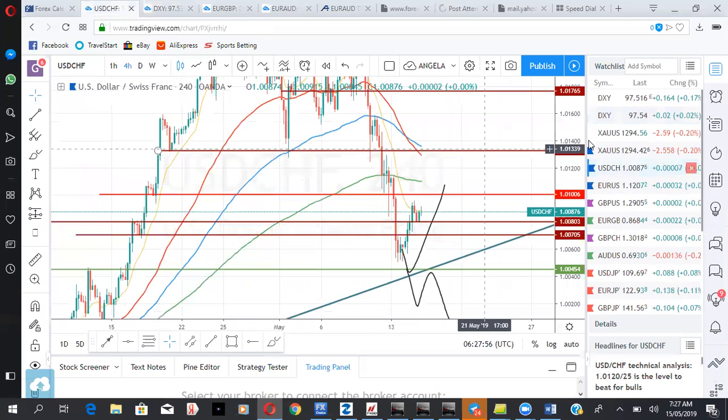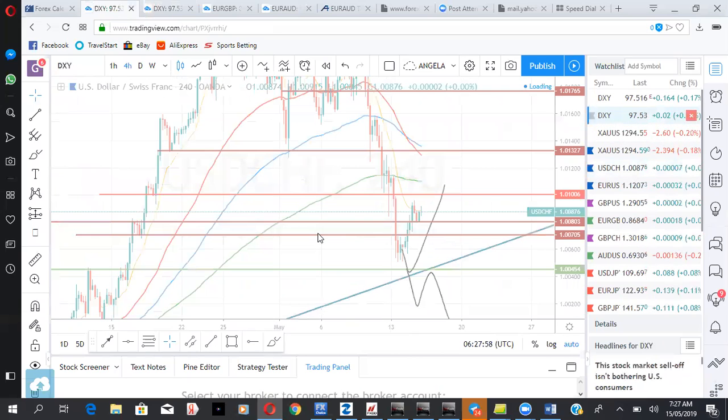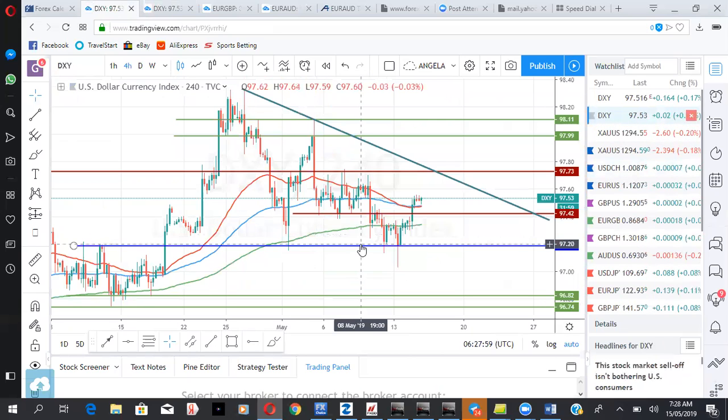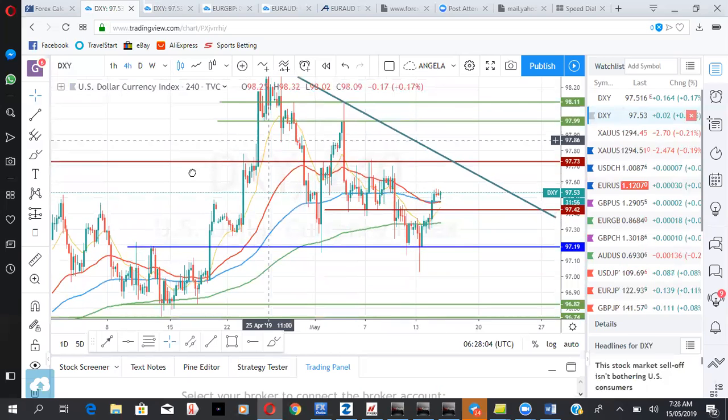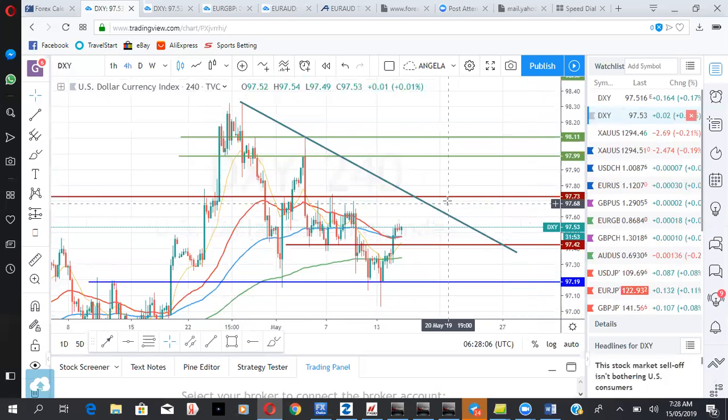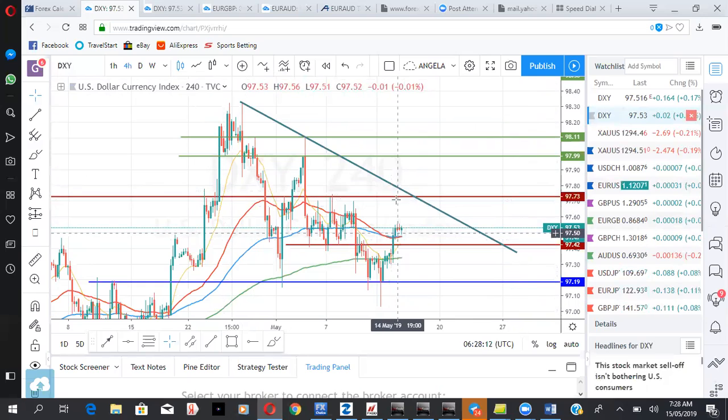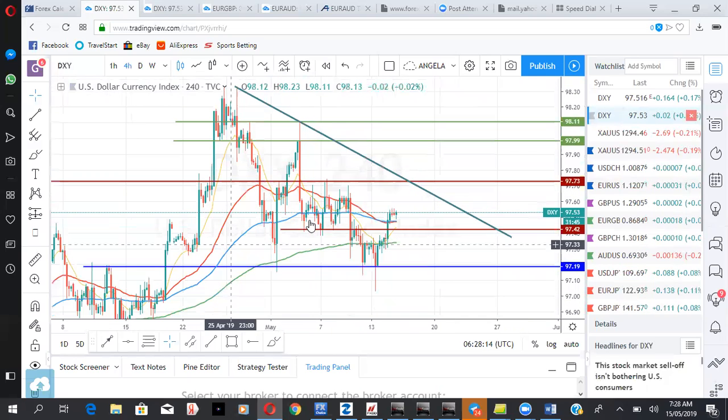So knowing that, we go down into our marked up charts, and as we can see, there's a 4-hour falling trend line. And then you have this 97.73. So most probably this might be price destination because it seems to have a bullish bias for now.